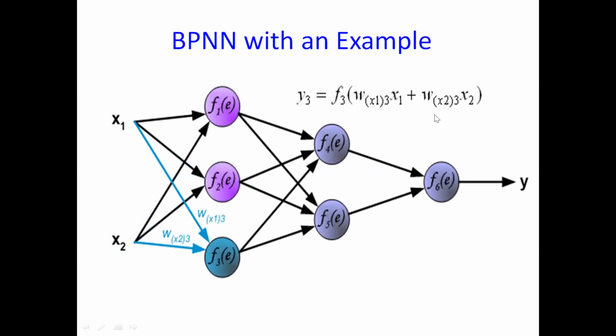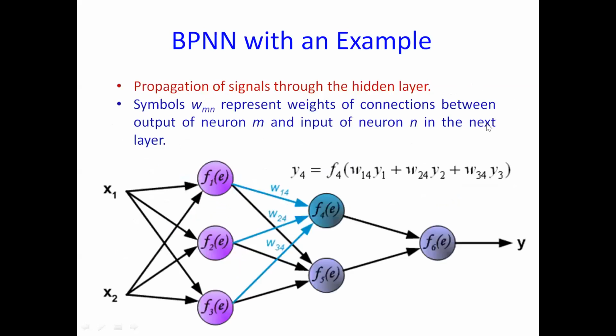Moving forward with this idea, we can have y3 as well. We can have y4 as well, because here three connections are coming. This is propagation of signals through the hidden layer now.